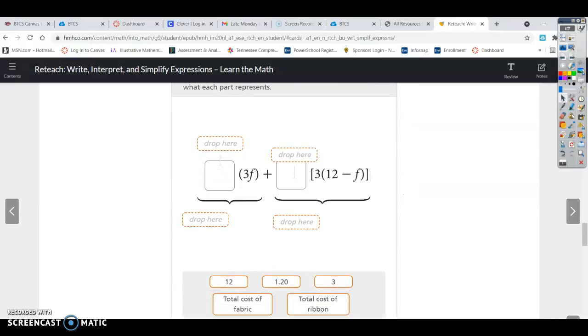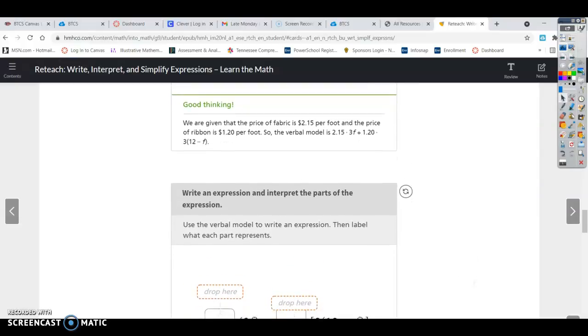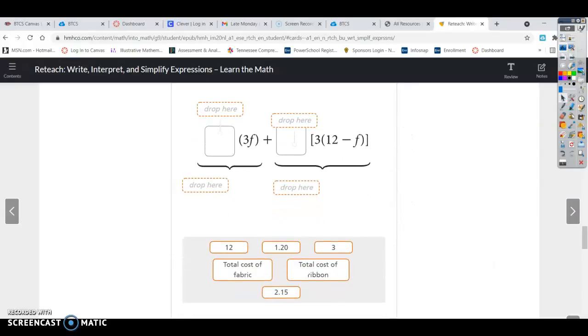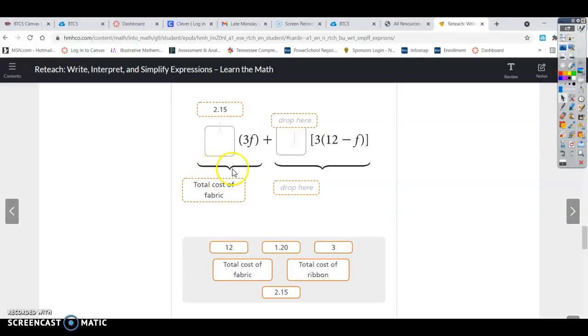The price of the fabric is going to be $2.15, so we're just going to move $2.15 here. So this first expression, the $2.15 times 3F, is the total cost of your fabric.